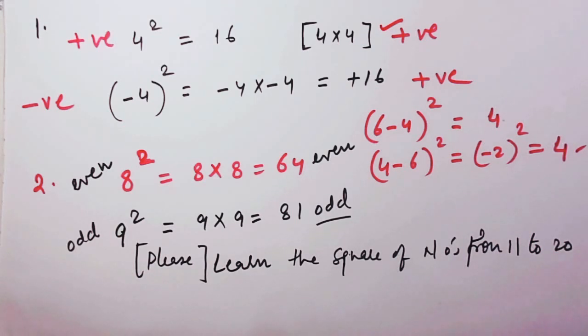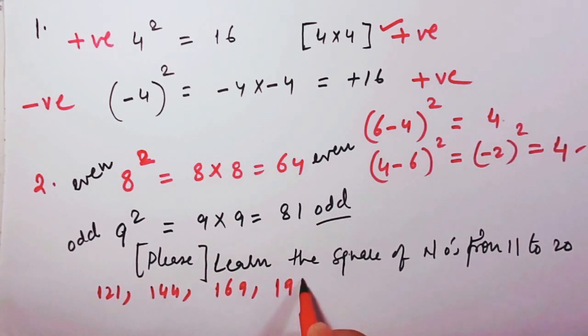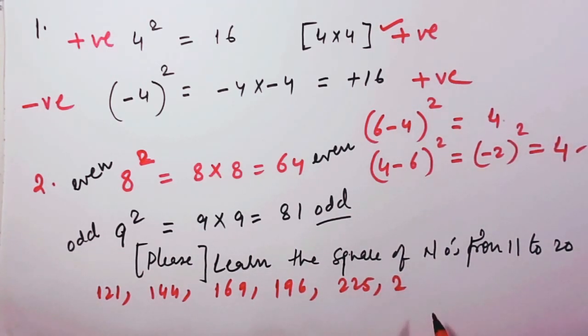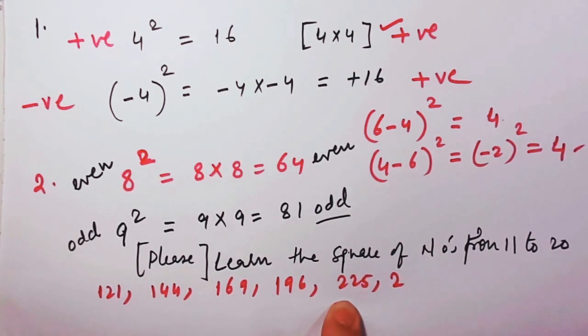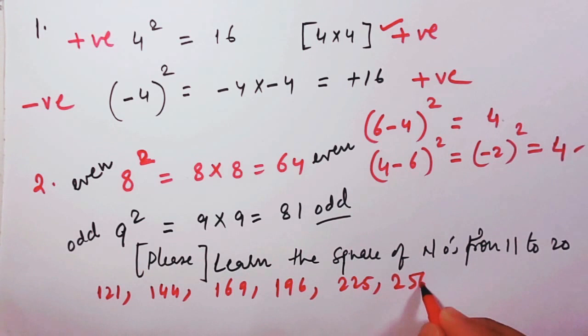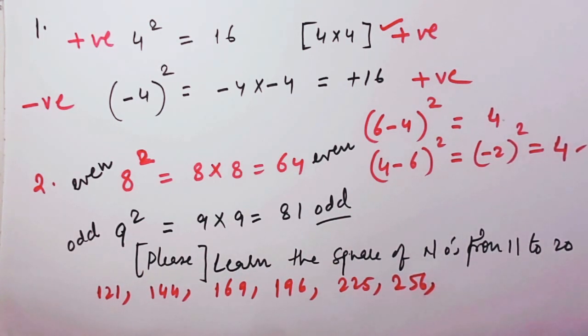11 into 11 is equal to 121. 12 times 12 is 144. 13 times 13 is 169. 14 times 14 is 196. 15 times 15 is 225. 16 times 16 is 256. 17 times 17 is how much?